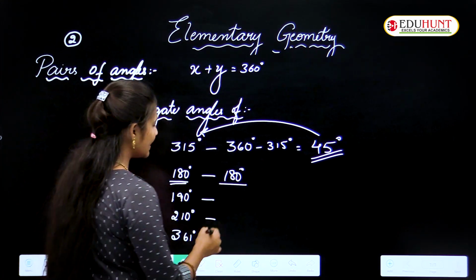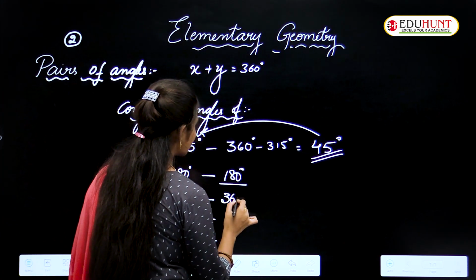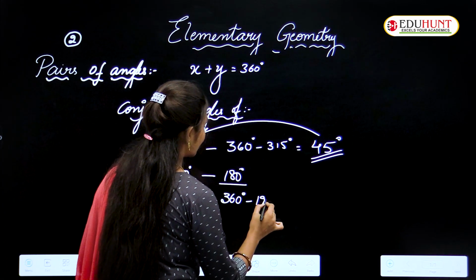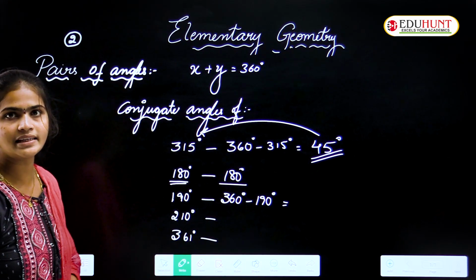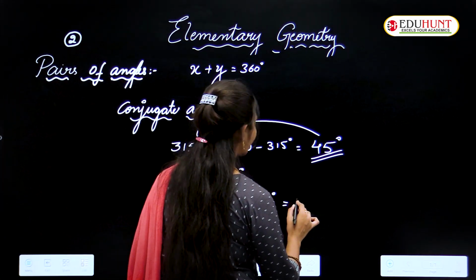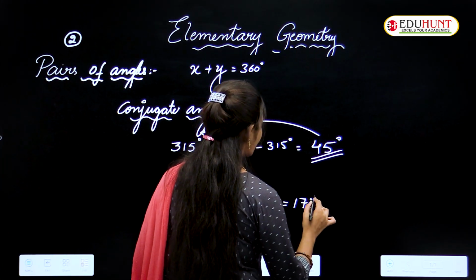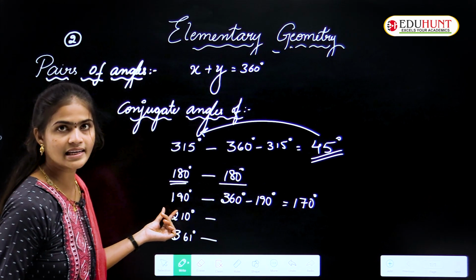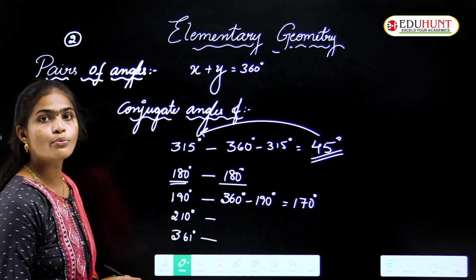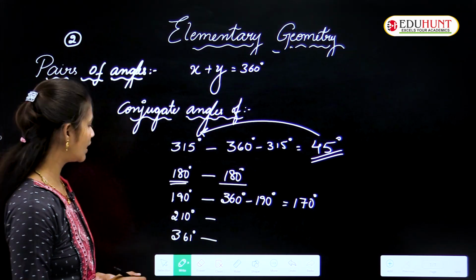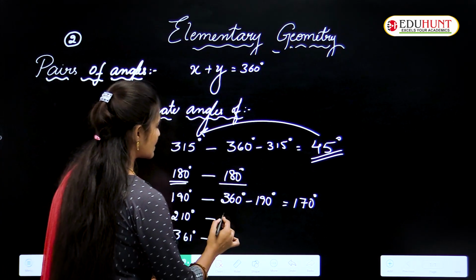Next, 190 degrees. So 360 degrees minus 190 degrees. What will you get here? 360 minus 190 is 170 degrees. So 170 degrees is a conjugate angle of 190 degrees and 190 degrees is a conjugate angle of 170 degrees. Okay. Next, 210 degrees.